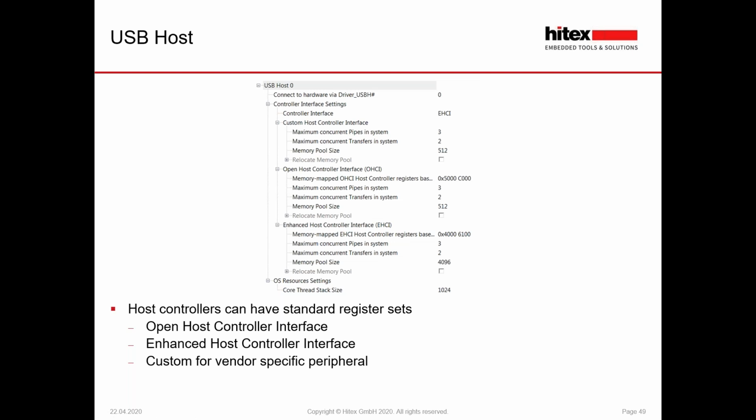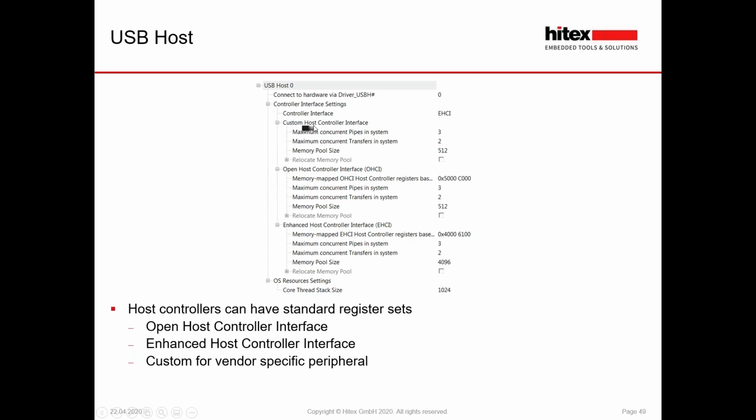When we're using USB host, unlike device, the host controller tends to have one of two standard register sets. This is either the Open Host Controller Interface or the Enhanced Host Controller Interface. There are some devices where the manufacturers decided to do their own thing, so we also have support for custom interfaces as well.